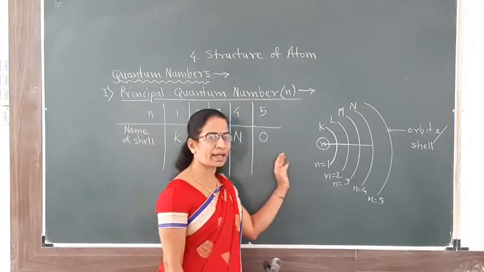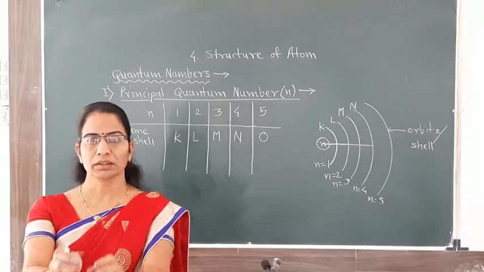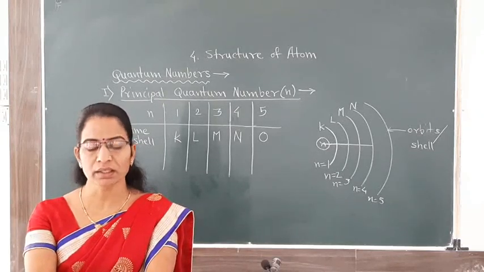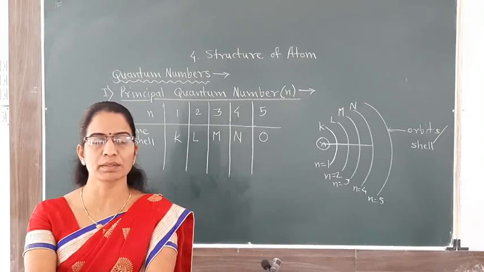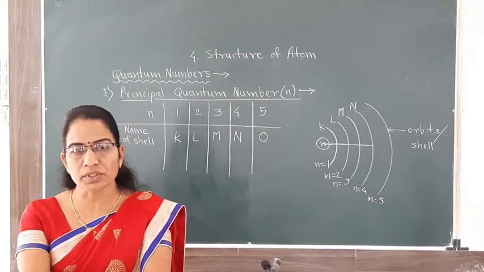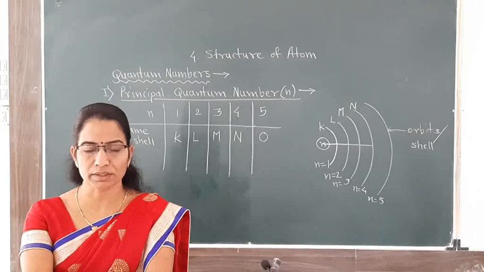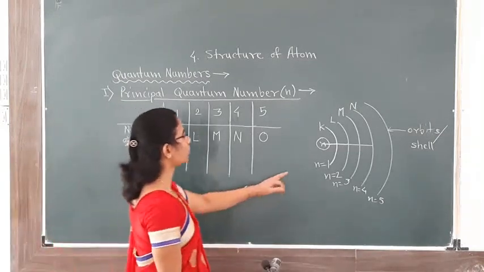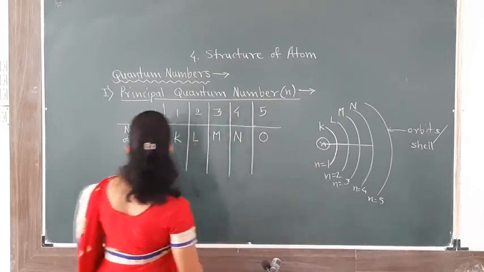In the previous lecture, I told you the meaning of orbital: the three-dimensional region around the nucleus where the probability of finding the electron is maximum is called an orbital. Now every shell possesses a different number of orbitals, and that number of orbitals again depends upon the number of the shell, that is the value of n.